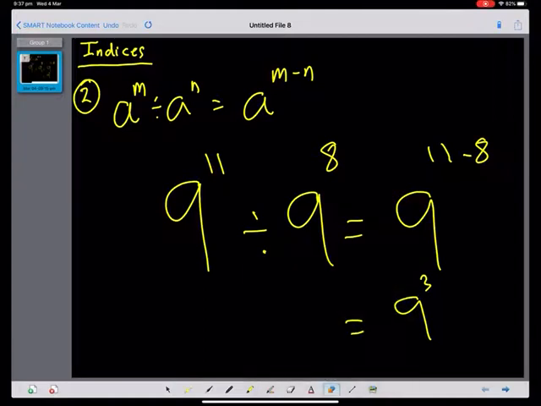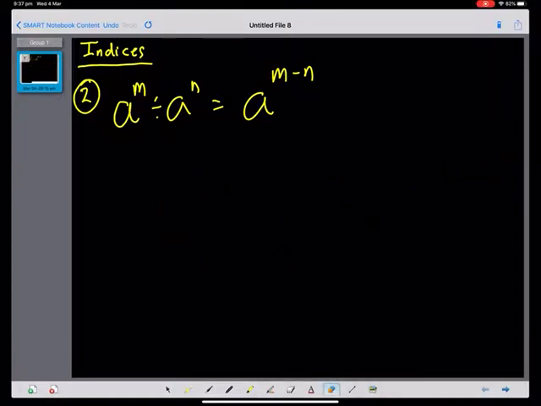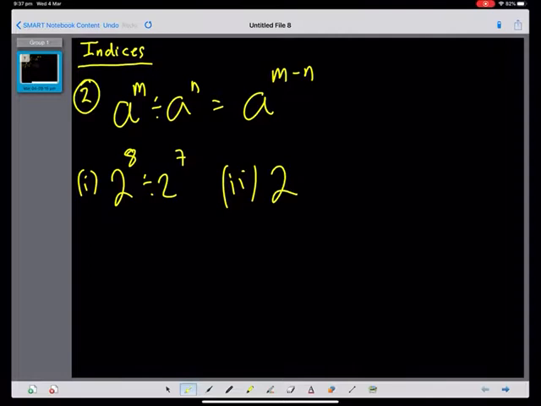Okay, let's do 3 really quick questions and then we look at some algebraic questions. Let's do 1, 2 to the 8 divided by 2 to the 7. Let's do 2 to the 4 divided by 2.